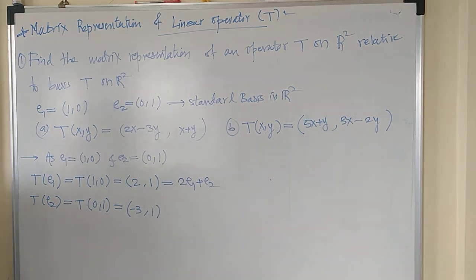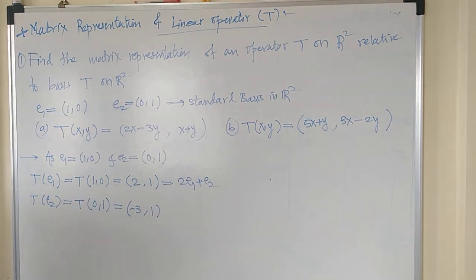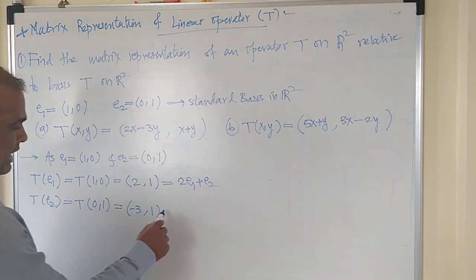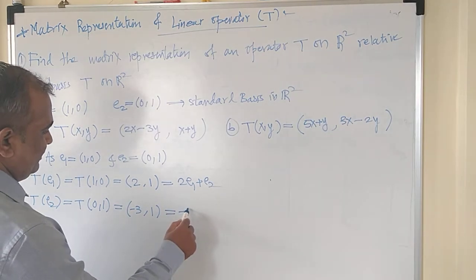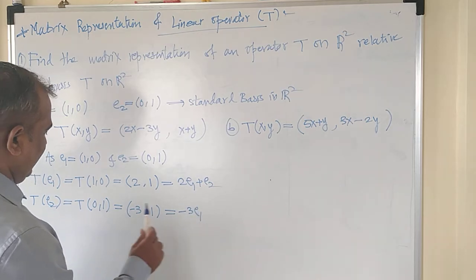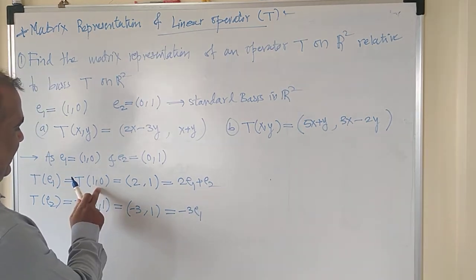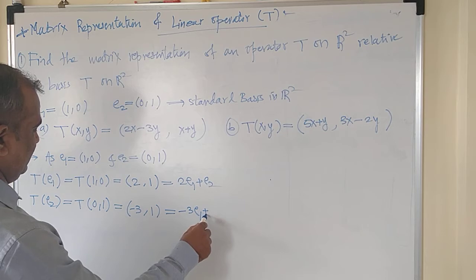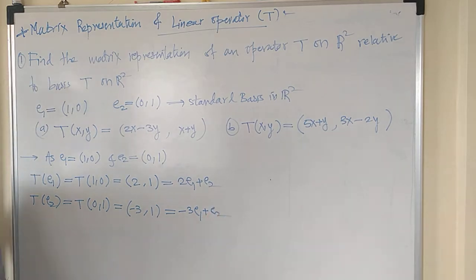So minus 3 and 1 are the values, and this can be written as minus 3E1 plus E2.